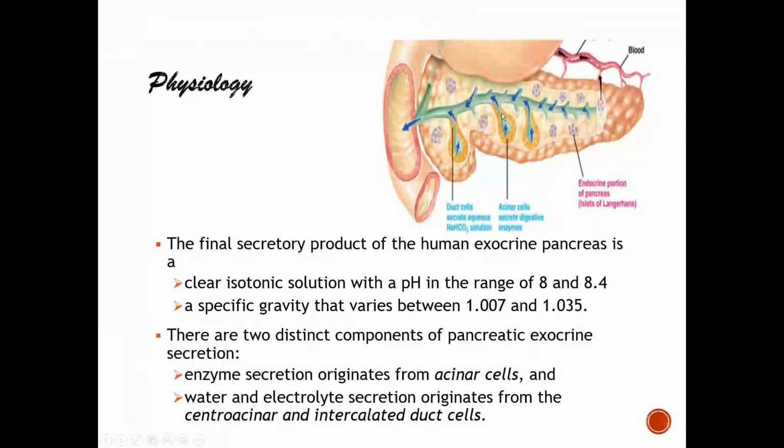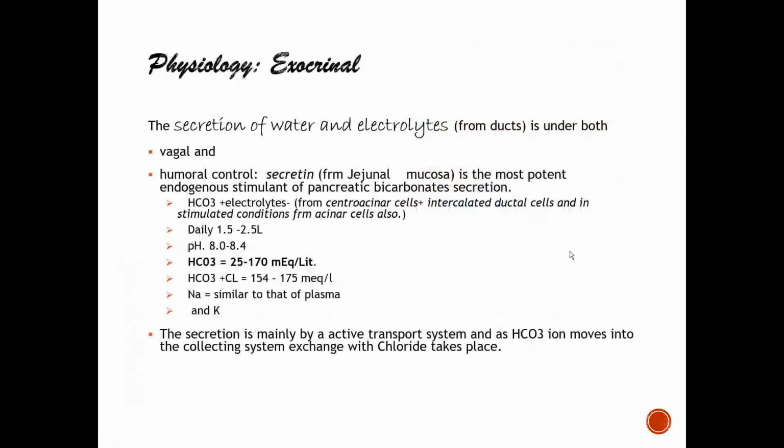So here the intercalated duct and the ductal system: centroacinar from here, intercalated, the interlobular, and then ultimately into the main duct. So that is the exocrine physiology, the secretion occurring as an alkaline, clear secretion with enzymes. The water and electrolyte is one component, the enzyme is the second component.